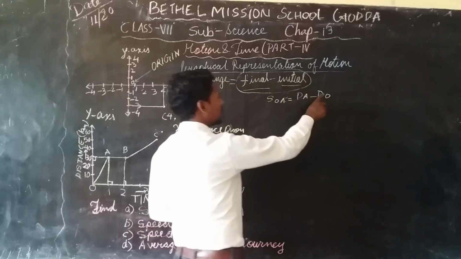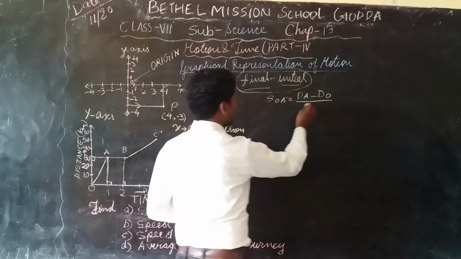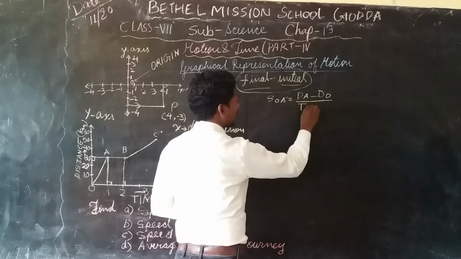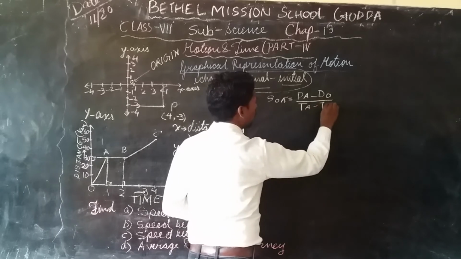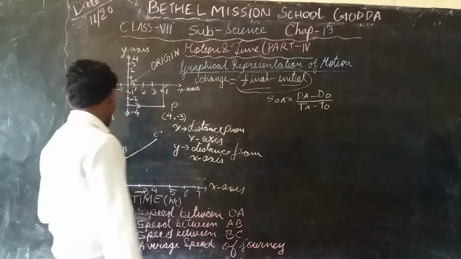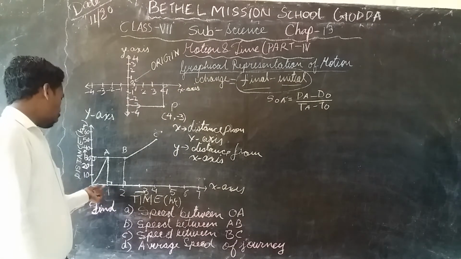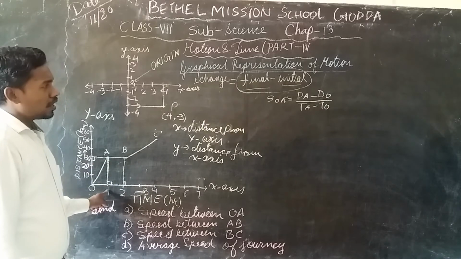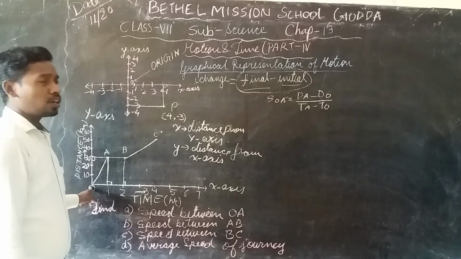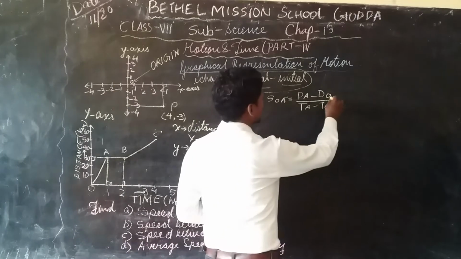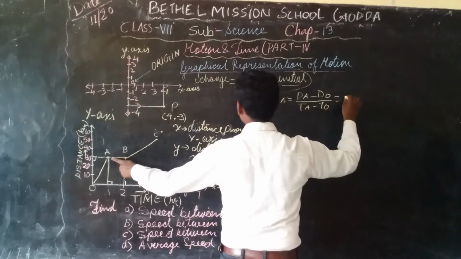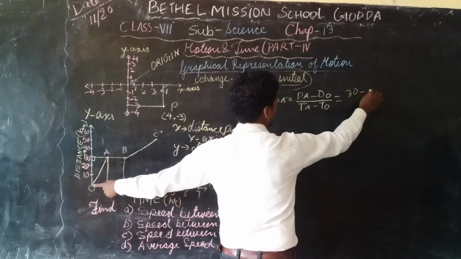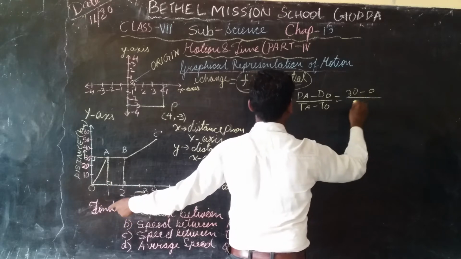So dA minus dO. In the same way, we have time: time at A minus time at O. Why time at A? See, time is also changing, no? So after the process, what is the time? TA, time at A, and before the process it is time at O. So what reading does this give? dA is 30 minus dO, which is 0.